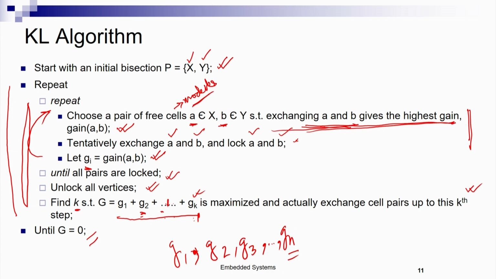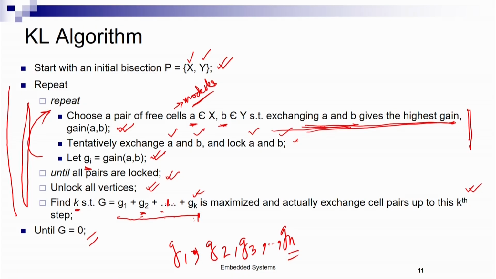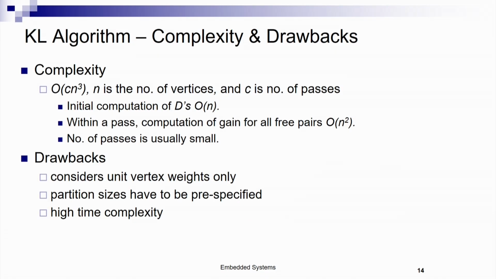It quickly converges down to a gain of 0 in a few iterations of the outer loop, and hence the C component in the complexity is essentially associated with the number of times the outer loop goes. The inner loop has a complexity of n cube. Why do we have that?